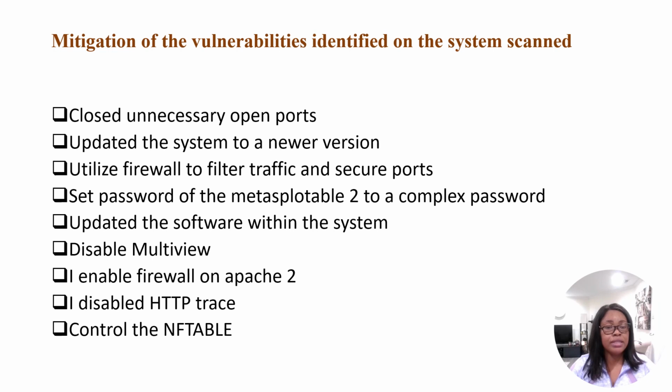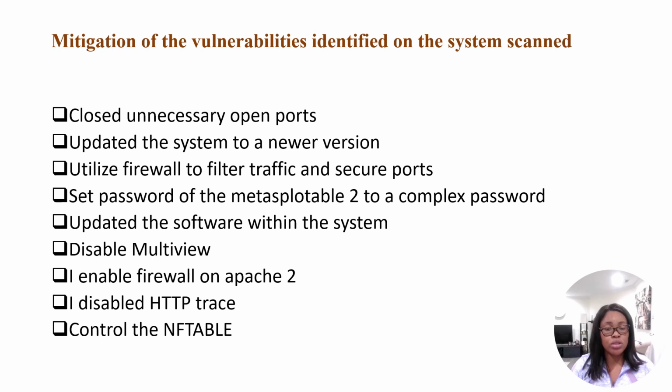And here is the mitigation of the vulnerabilities identified on the system scanned. The mitigations I actually used on the vulnerabilities I identified are to close unnecessary open ports. I updated the system to a newer version. I utilized a firewall to filter traffic and secure ports.